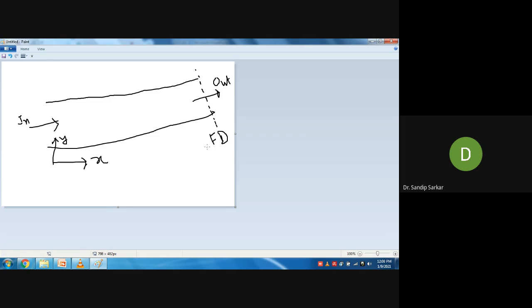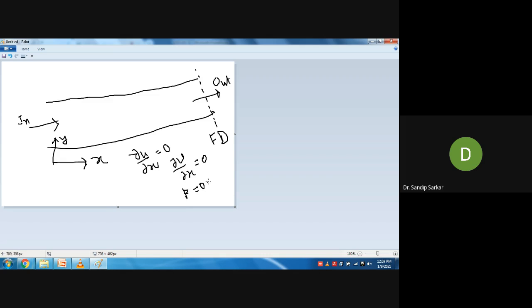Fully developed boundary condition means, since this is the x direction, del u del x equal to 0, del v del x equal to 0, and for pressure, if the pressure at the outlet is atmospheric pressure, then pressure equal to 0.